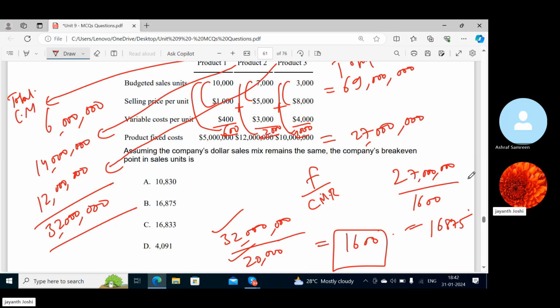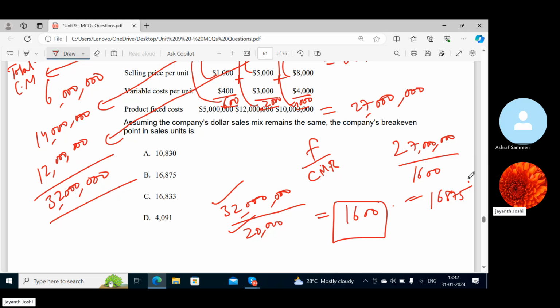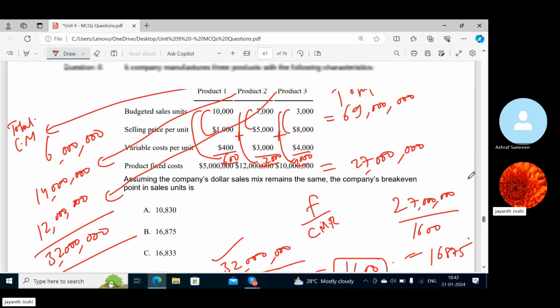With that, we can find out the break-even point. What we have found out right now is 16,875, which is fixed cost by contribution margin. We've got the break-even point, but this is a multi-product one, right? So we need to see each and every product's proportion in the total sales.